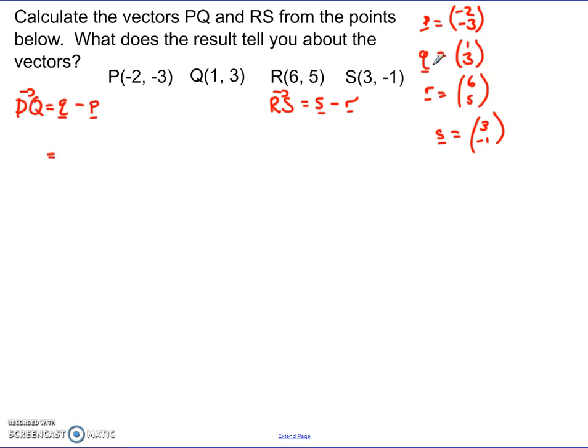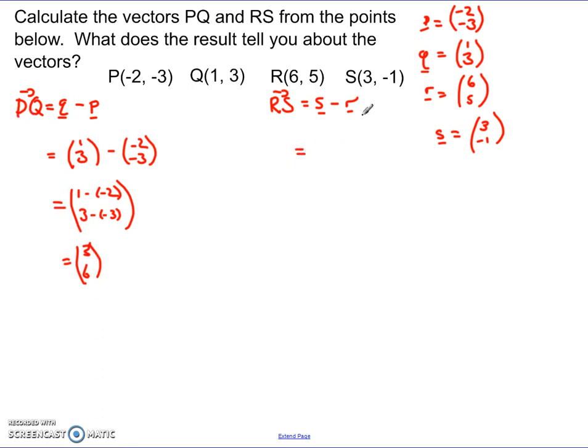So P to Q is Q take away P. So it's (1, 3) take away (-2, -3). So that tells me 1 minus minus 2 and 3 minus minus 3. So 1 minus minus 2, 1 plus 2, that gives me 3. 3 minus minus 3, 3 plus 3, that gives me 6. So my position vector P to Q is given by (3, 6).